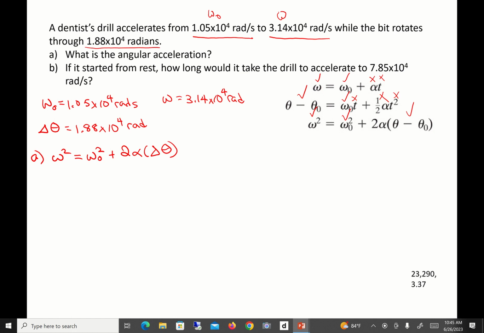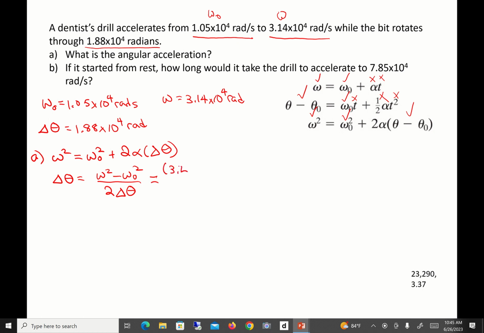So we're going to solve it just the same way that we rearranged it in module 2. Alpha is omega squared minus omega 0 squared, so subtract the omega 0 to the other side, and divide by 2 times delta theta. And now just plug in my numbers.